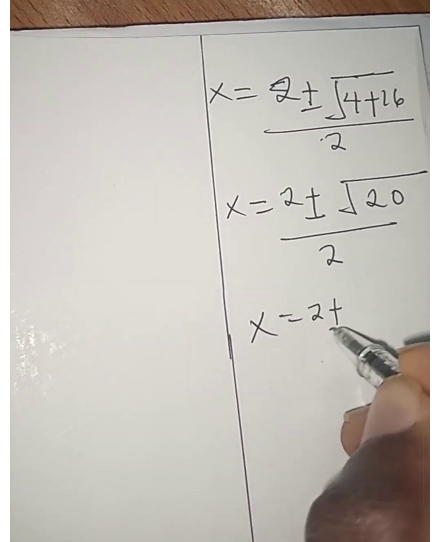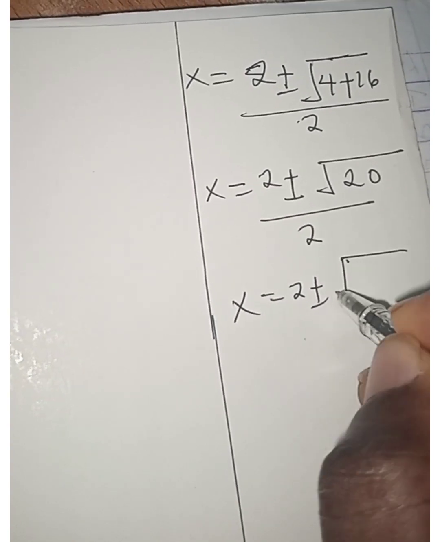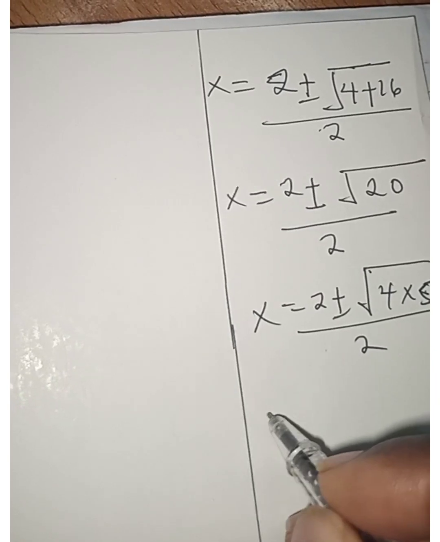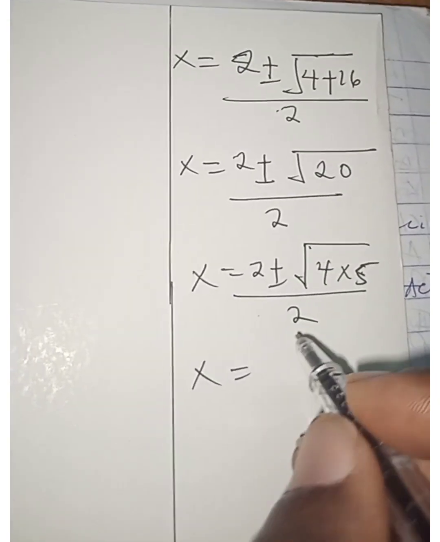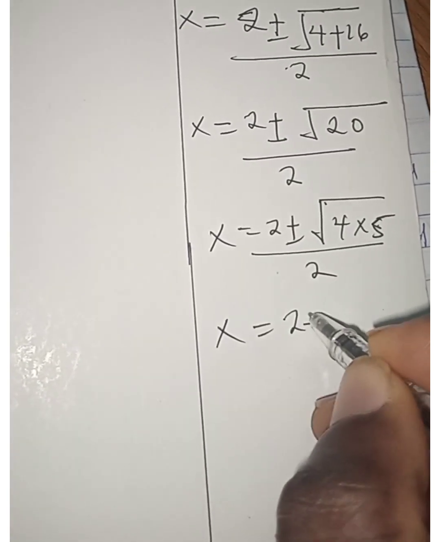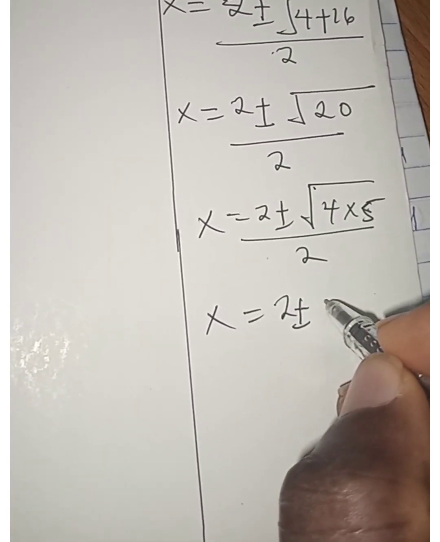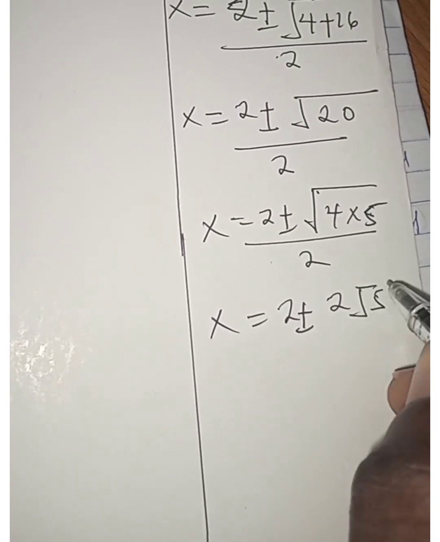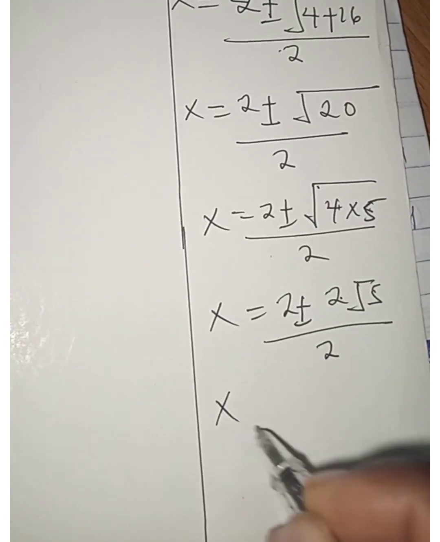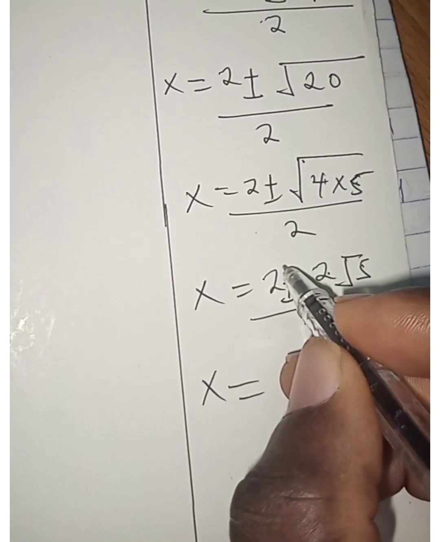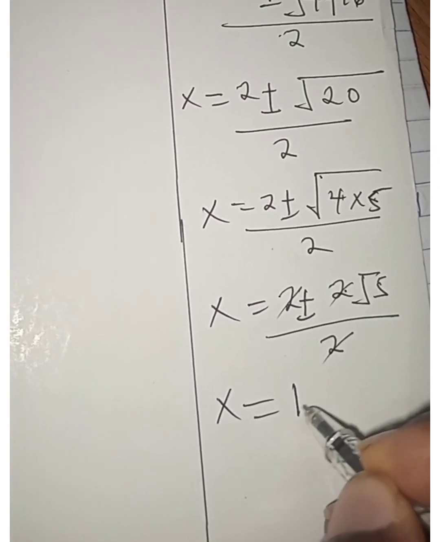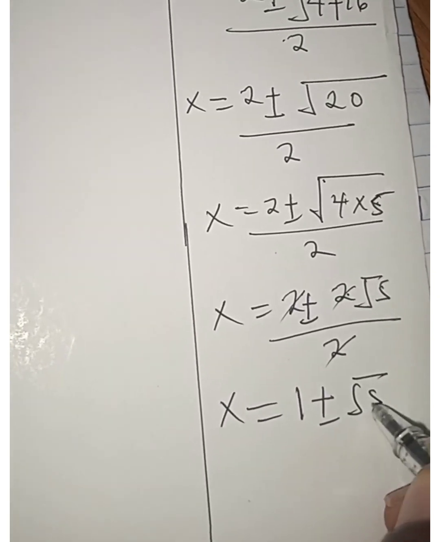So x becomes 2 plus or minus the square root of 4 times 5, divided by 2. Then x becomes 2 plus or minus 2 root 5, because the square root of 4 is 2, all over 2. The 2 is common, so it cancels, and we have 1 plus or minus the square root of 5.